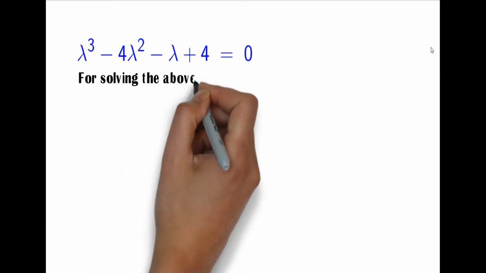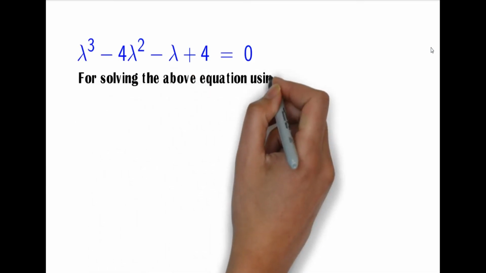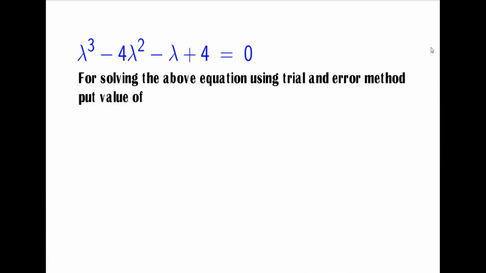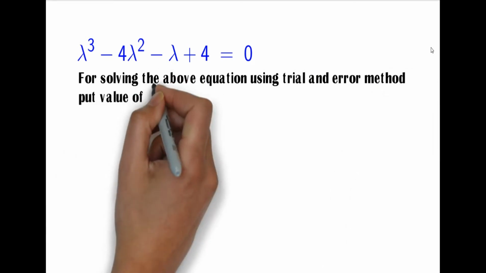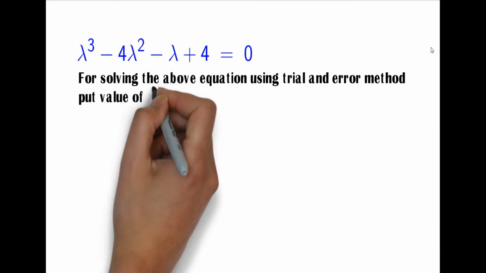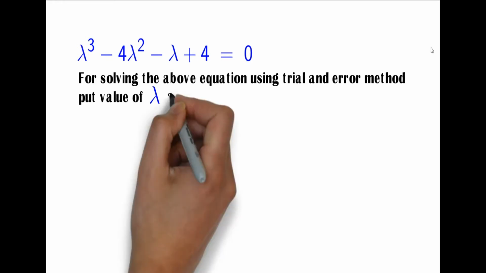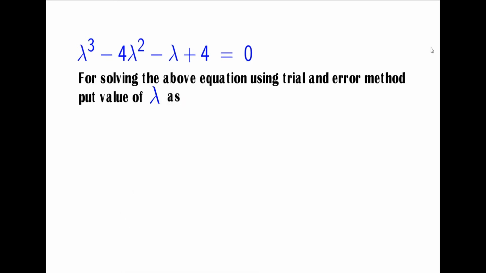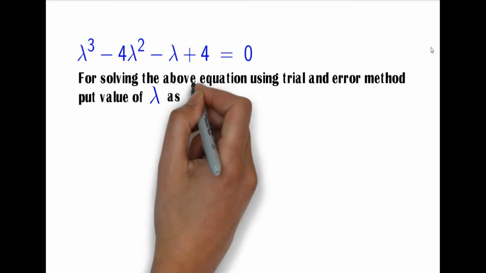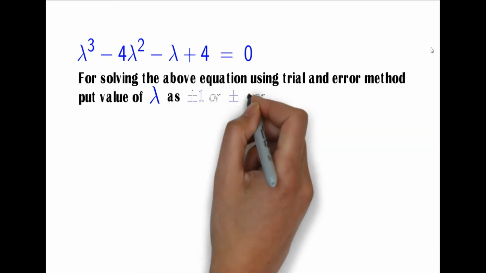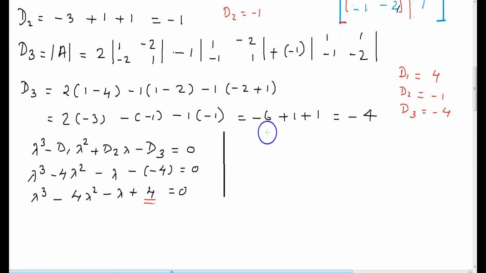For solving the equation using trial and error method, put the value of lambda as plus or minus 1 or plus or minus 2 or plus or minus 4. Put lambda equal to 1 in the characteristic equation.